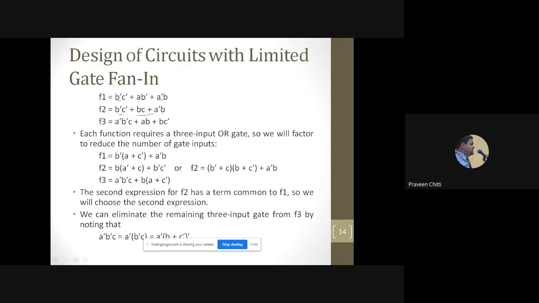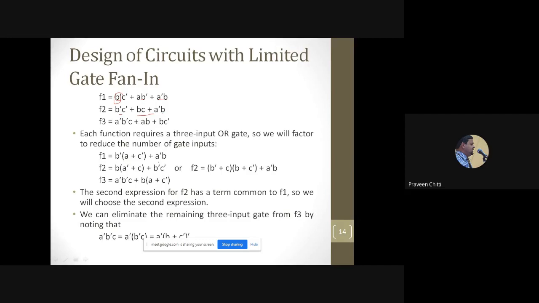So how can we do the factorization? You can see the factorization in the first expression. Between the first and second term, we can take B bar common. If I take B bar common, what is left is C bar in one and A in the other. So I can write it as B bar into bracket A plus C bar. And the third term is kept as it is.